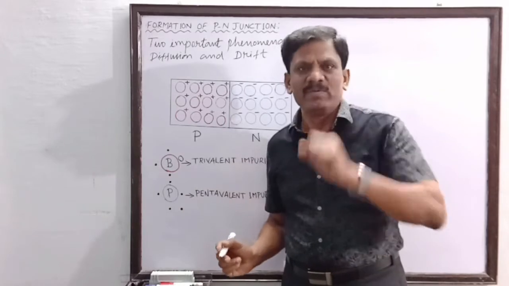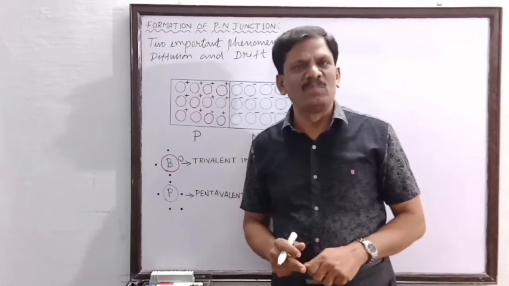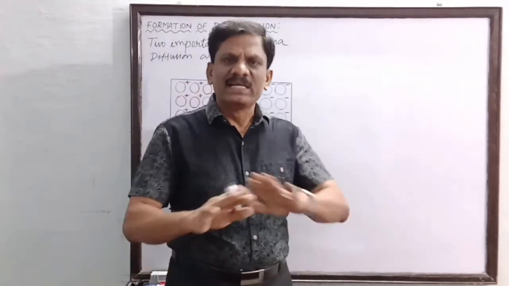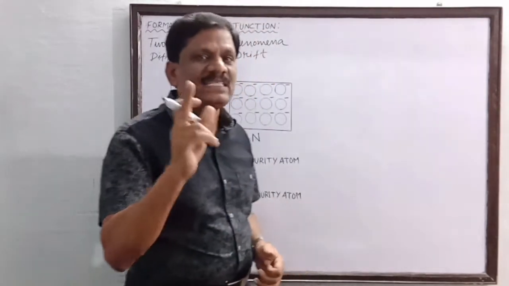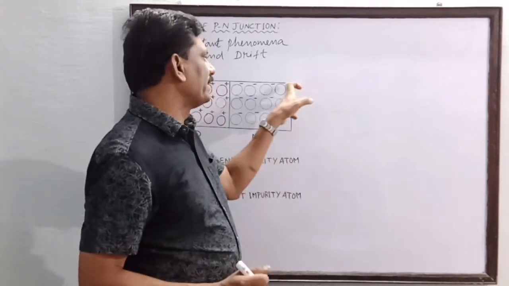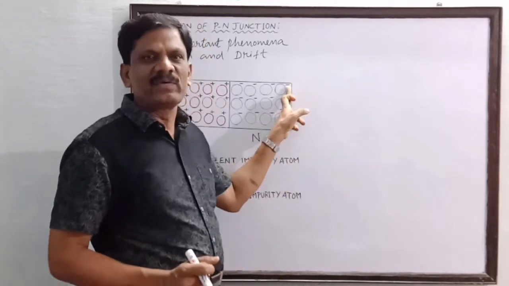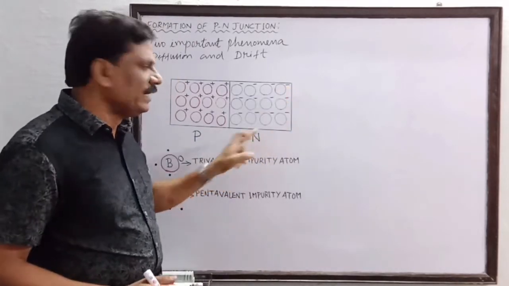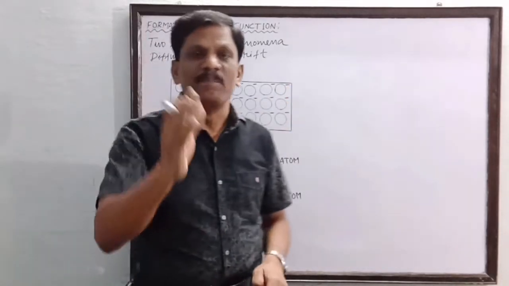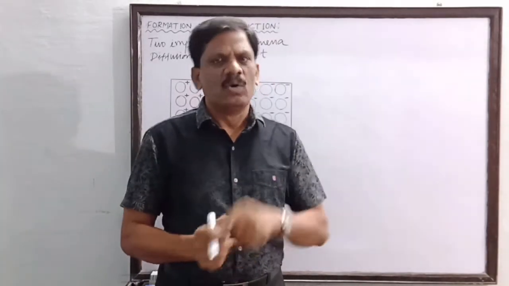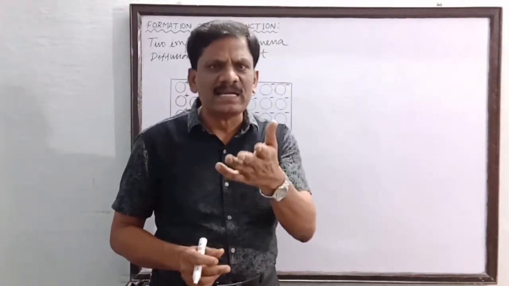Pentavalent means 5 electrons are there in the outermost shell, out of which 4 are bonded with the crystal lattice. So each impurity atom is now ready to donate 1 electron. That is why I have kept them on the head. Okay students. So in the N region, who will be the majority charge carriers? The electrons. Holes also will be present, is it not?